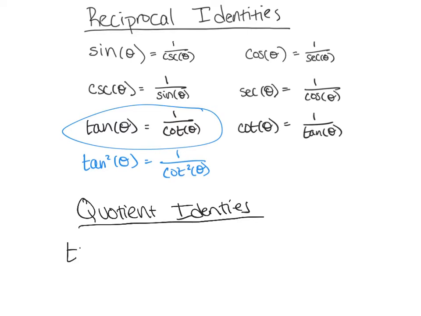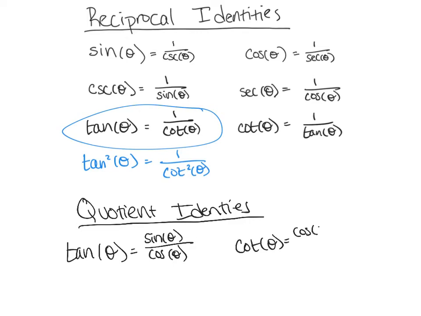So if we're to find a quotient identity for tangent, well, tangent is equal to 2 things divided by each other. Let's say sine and cosine. So tangent of theta is equal to sine of theta over cosine of theta. And our other quotient identity is that cotangent of theta is equal to cosine of theta over sine of theta.